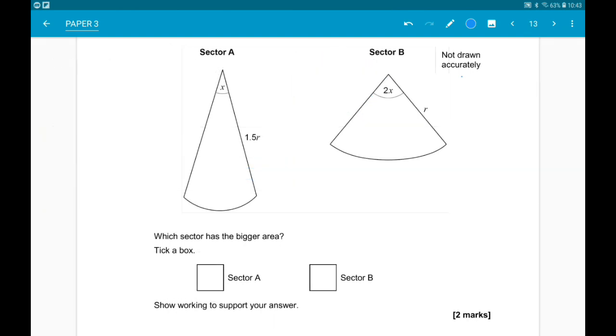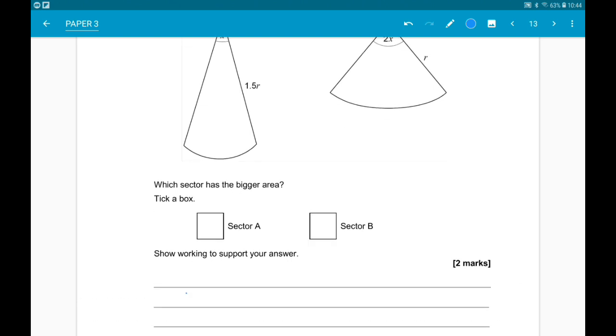Okay, number 16, we're given two sectors from different circles and asked which one has the bigger area. Now I think 2 marks, this is really tight. So what we're going to have to do then is work out the area of each sector in terms of x and r.